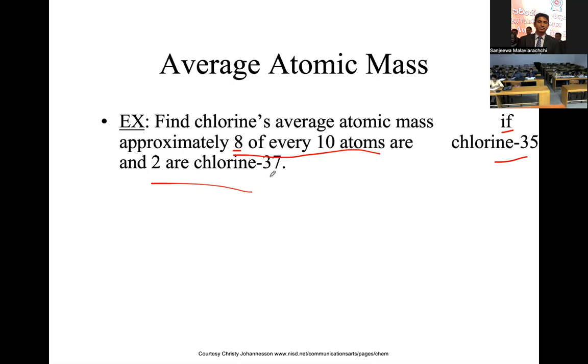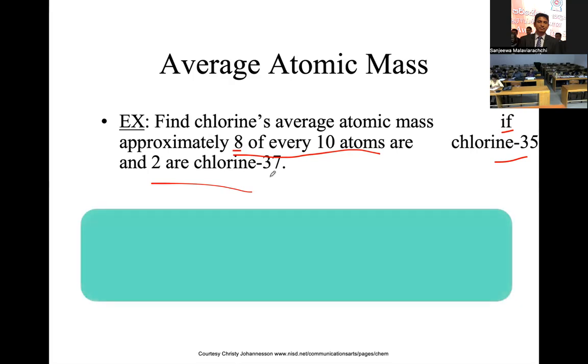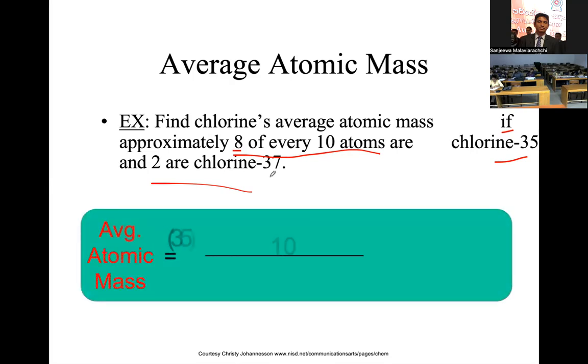This is not a percentage, but you are given a ratio only, but it doesn't matter. You can apply that to the average atomic mass equation. You can directly put in these numbers, or otherwise calculate the percentage and put that in. You can put the ratio, because a percentage is also a ratio. So you can directly put 8 here, because we are counting 10 atoms, and put 2 here and divide by 10 instead.